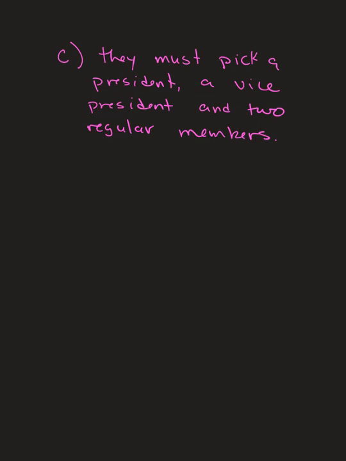Because notice that there's 2 things going on. There's a president, vice president. And there's also 2 regular members. So some of them are getting labels and some of them are not getting labels.